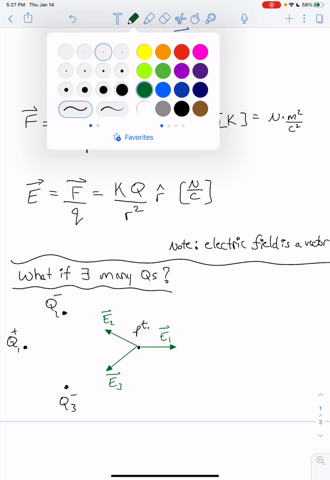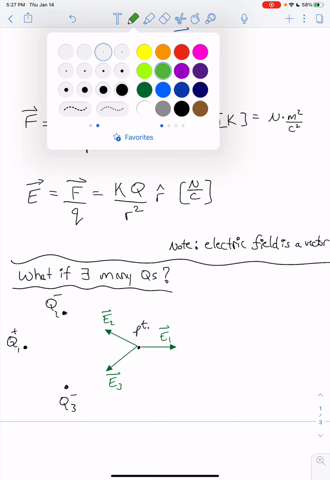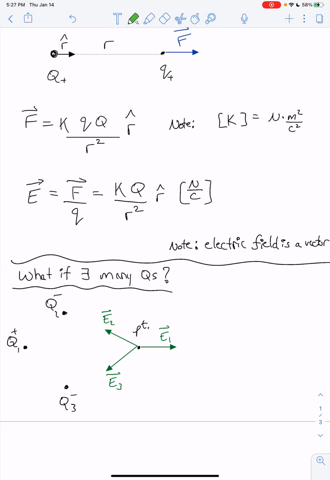And so we're going to end up with some net field. We're going to have to think about how these break into components. So we're going to have a component here and a component here for this electric field, for example. And in this case, this isn't drawn perfectly, but these should be symmetric. So we'll try to fix that a little bit to look more symmetric.